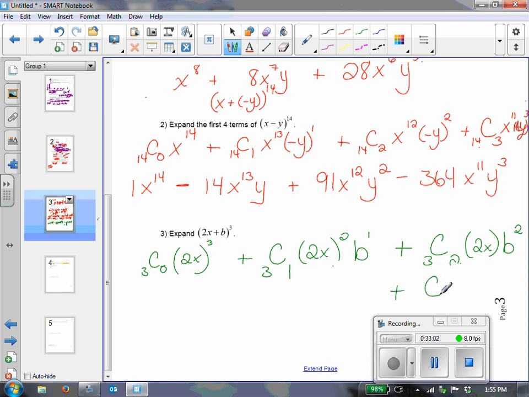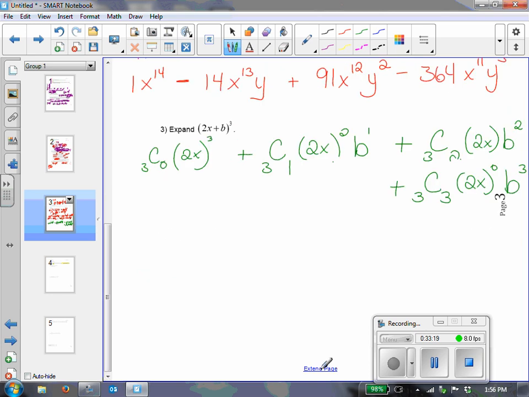My last term is going to be 3 choose 3. What's going to happen to my first term? There was 1 here, so it's going to 0, because we're going down, and this will go to 3.